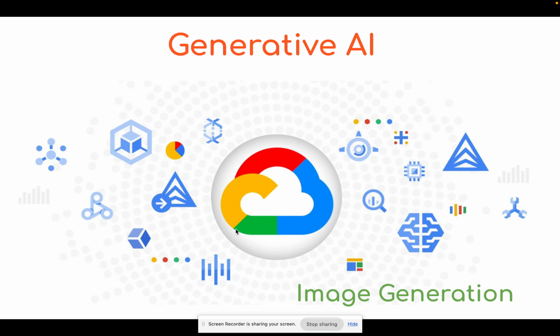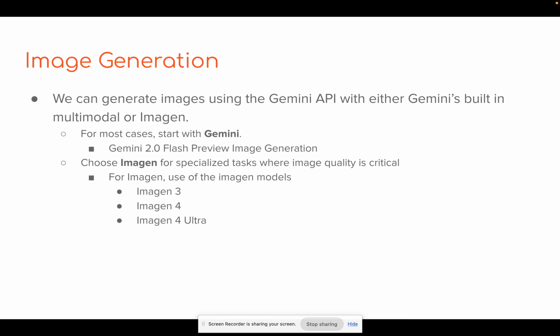Before jumping into the image generation code, it is important to know what models we have. As of now, we have used only one specific model, which was Gemini 2.5 Flash. But when it comes to image generation, we can either use the Gemini models, or one more model called Imagen.